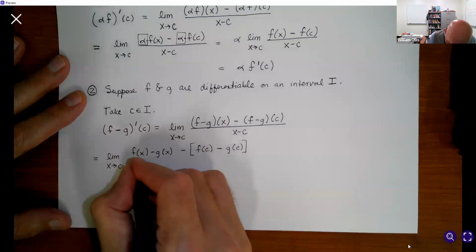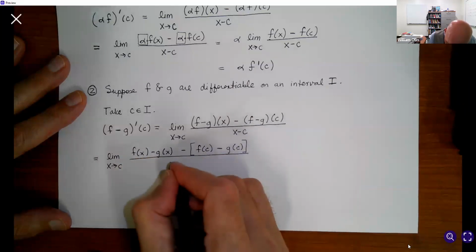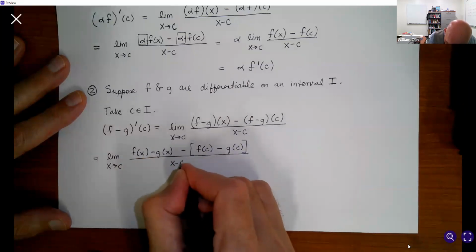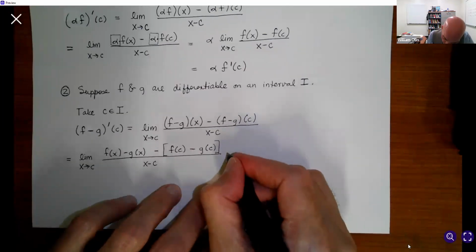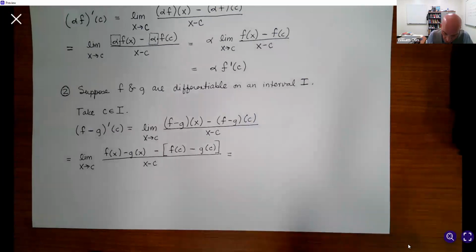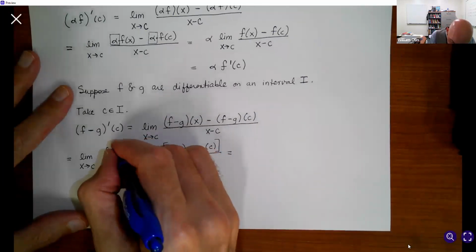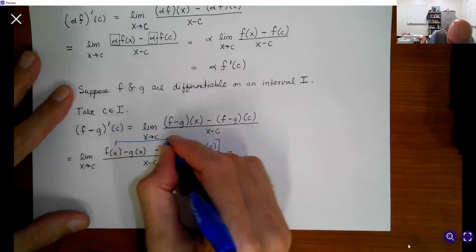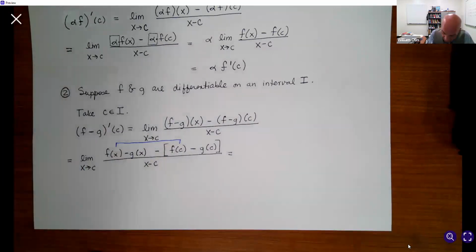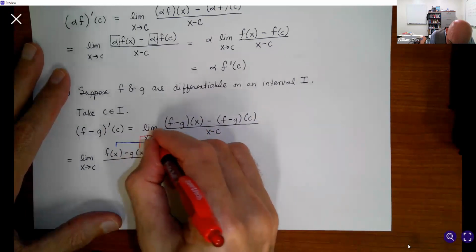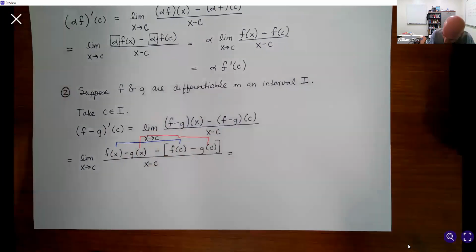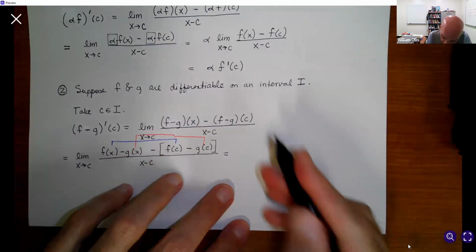So again, it's a pointwise definition. Okay? So now we'll just go ahead and do some algebra, and you can see here that we want to pair the f's, and then we'll pair the g's and we'll factor the negative using some obvious algebra.